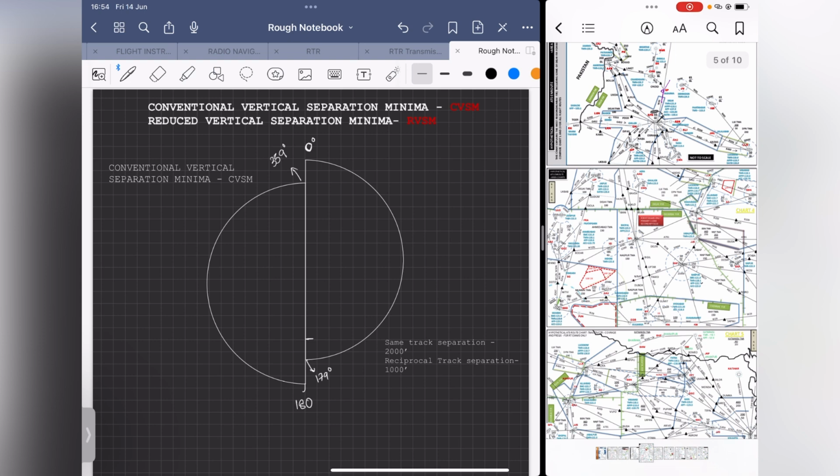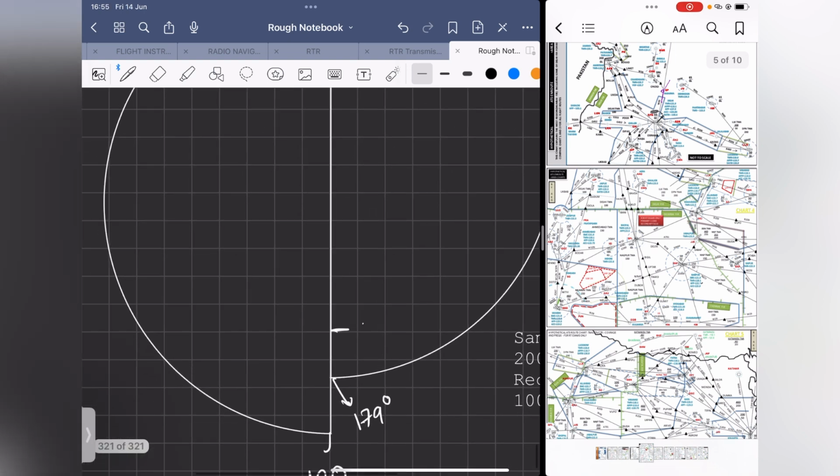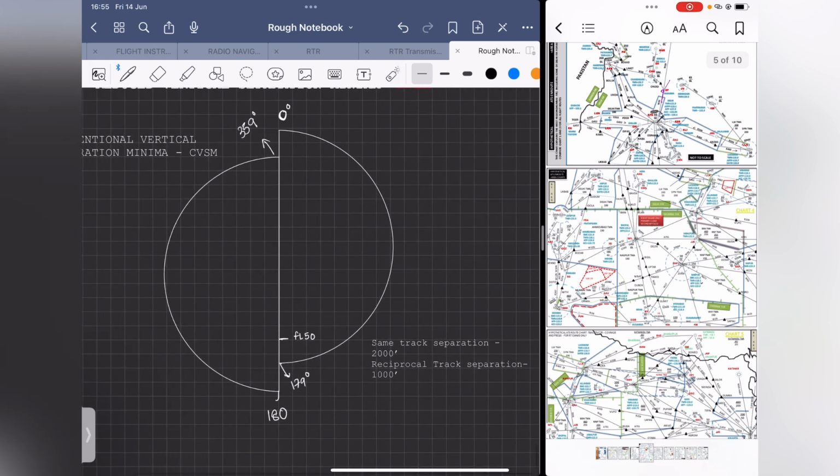So the lowest flight level that is possible is flight level 50. Now one of the most crucial rules, and the reason I was telling you that you've probably heard about CVSM and RVSM, is that in our previous videos we've already spoken about how westbound and eastbound routes are decided.